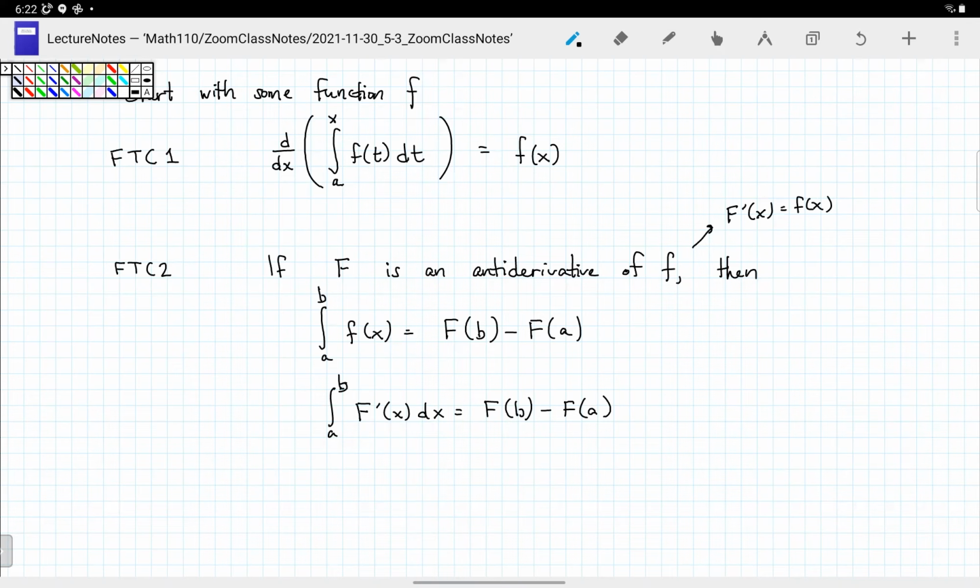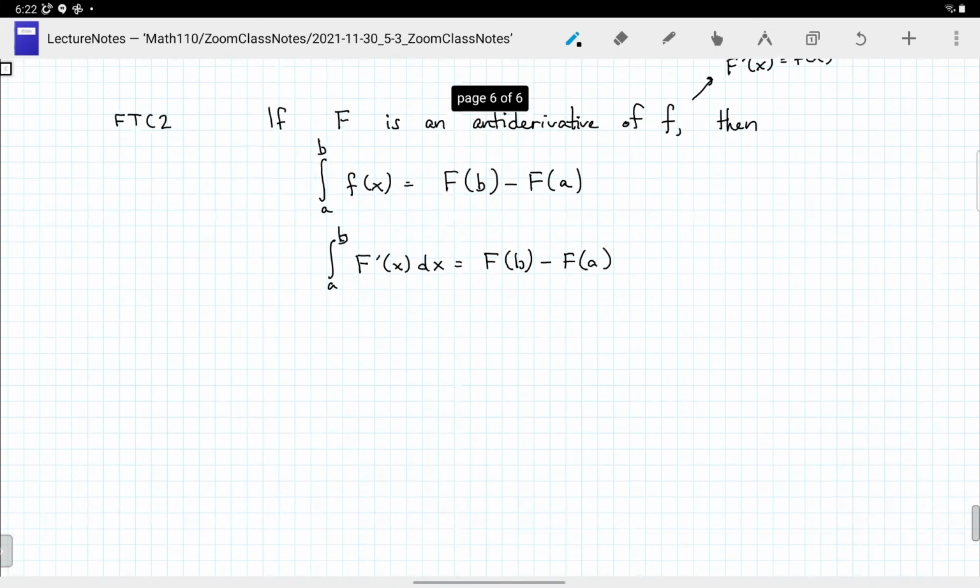Now, the second fundamental theorem of calculus is one that I think a lot of calculus students see as their primary understanding of the fundamental theorem of calculus, because this actually tells us how we can integrate certain functions.